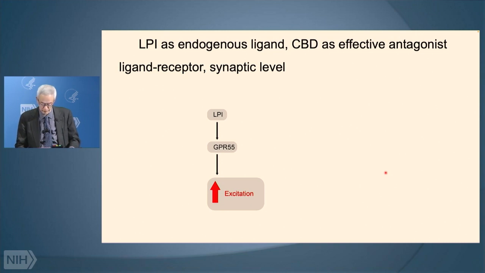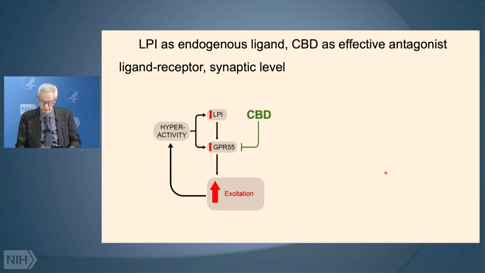So I described this vicious cycle, this positive feedback, where sometimes the ligand and always the receptor that triggers an increase in excitation and a decrease in inhibition is enhanced by hyperactivity, a positive feedback loop that can be interrupted by CBD.